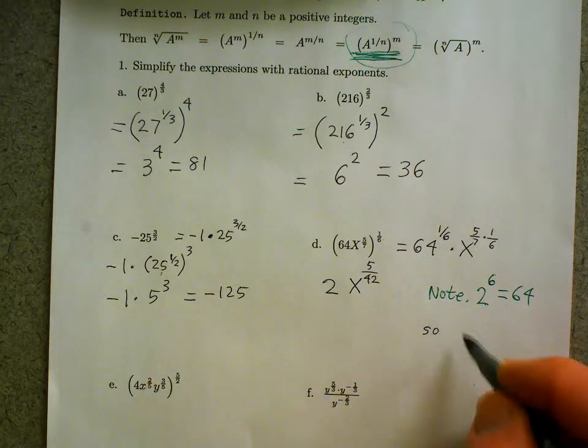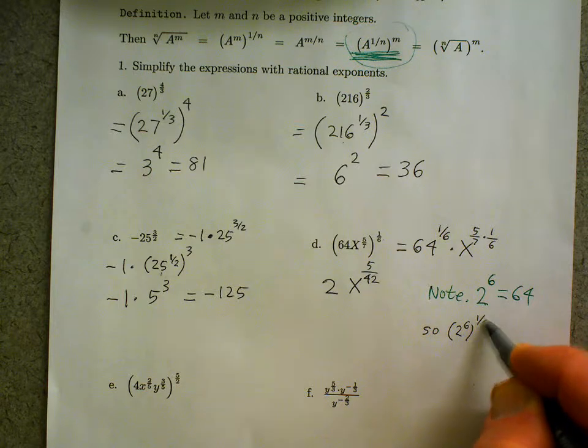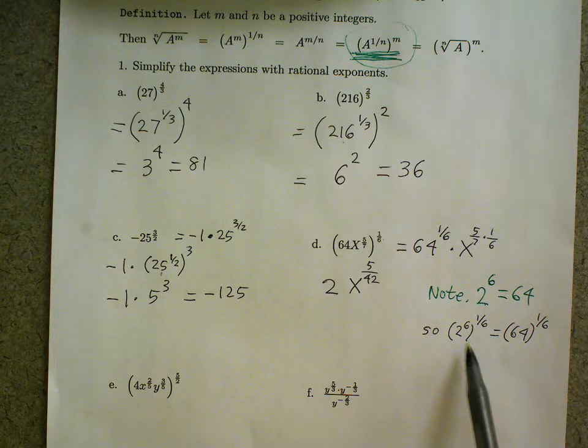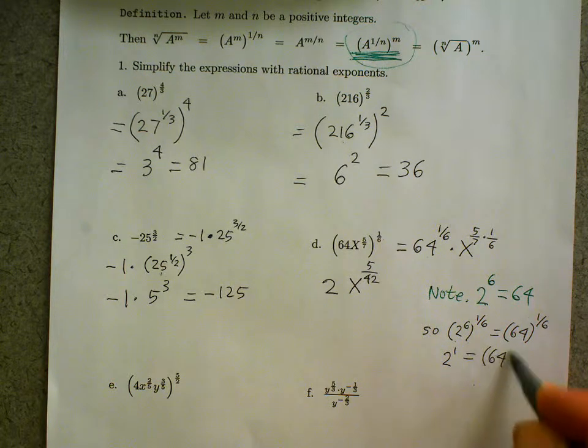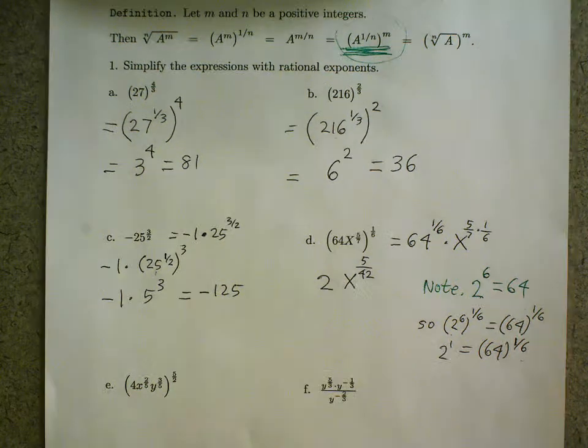So, a little more detail. Raise both sides to the 1/6. 2 to the 6th to the 1/6 is 2 to the 6 times 1/6, or 2 to the 1st. So 2 is equal to 64 to the 1/6. That's the whole point there.